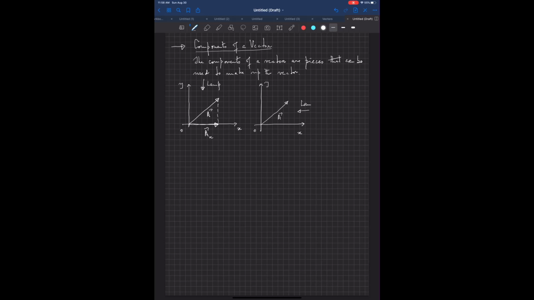Let's say this is the lamp. Then the shadow of the vector A on the y-axis, which is the projection of the vector A onto the y-axis, is then this vector A sub y.